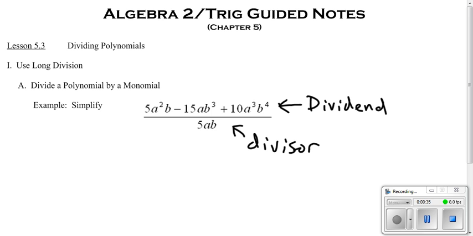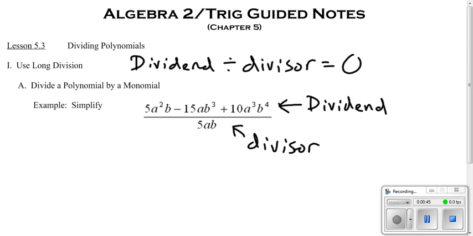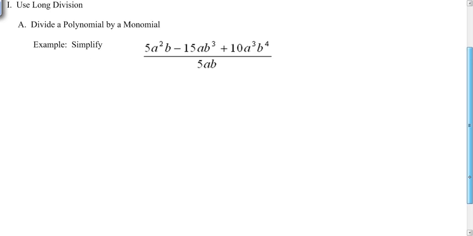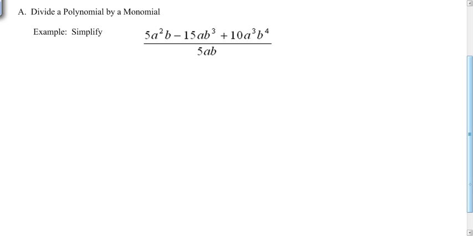So how we would write this is that our dividend divided by our divisor equals the quotient. So the quotient is the term for what you get in the end of a division problem. So those are just some things to remember about division problems. We will come back to those terms, so keep those in the back of your mind.